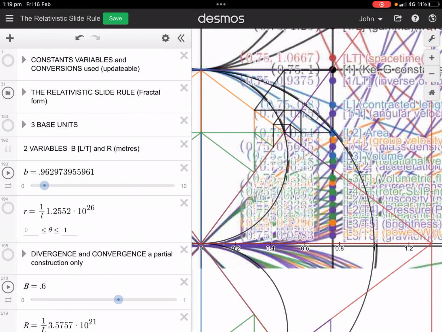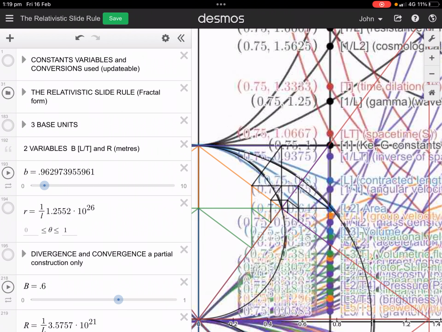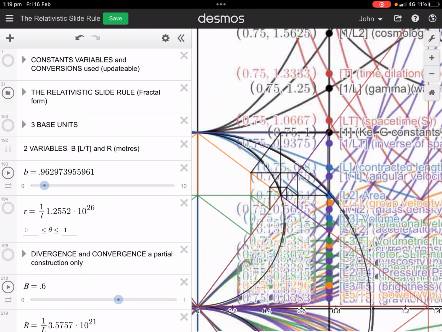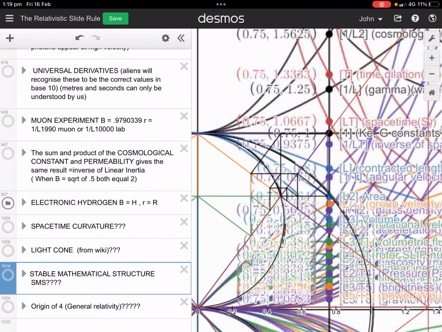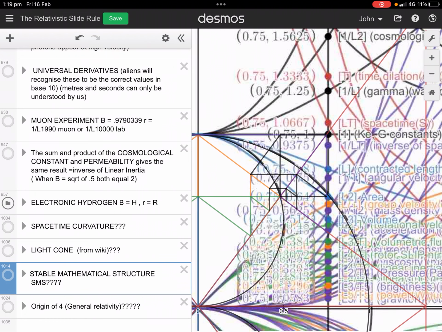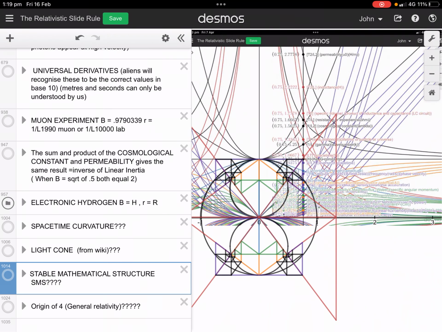And so you can see that the relativistic slide rule is just taking the derivative. It's just slicing through all those functions and reading off the values. You see that? Time 1.3333, gamma here 1.25, and look at gamma.